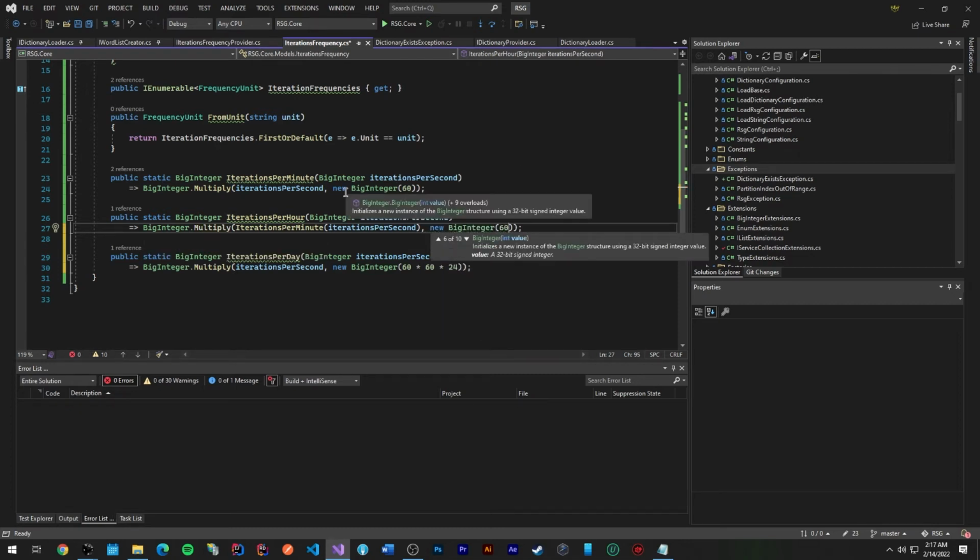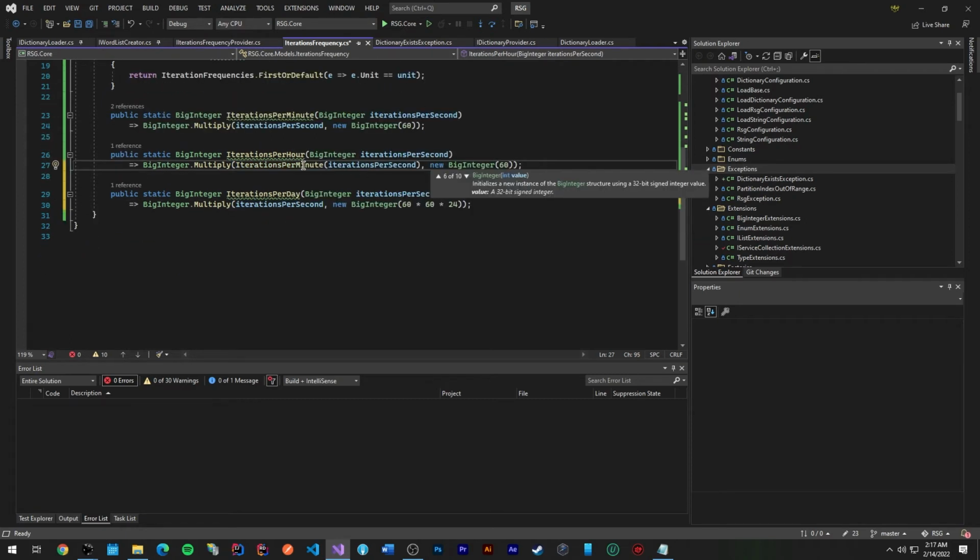So it reads much better, because the iterations per hour is the iterations per minute times 60. That reads so much better. And watch this, it gets better. Instead of this, we could do iterations per hour times 24.